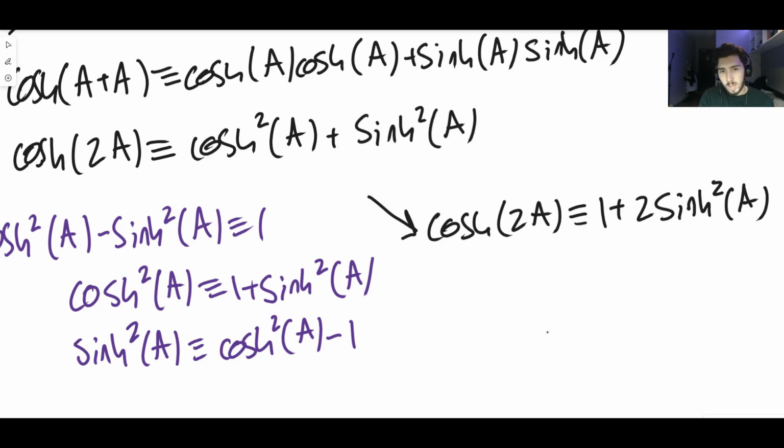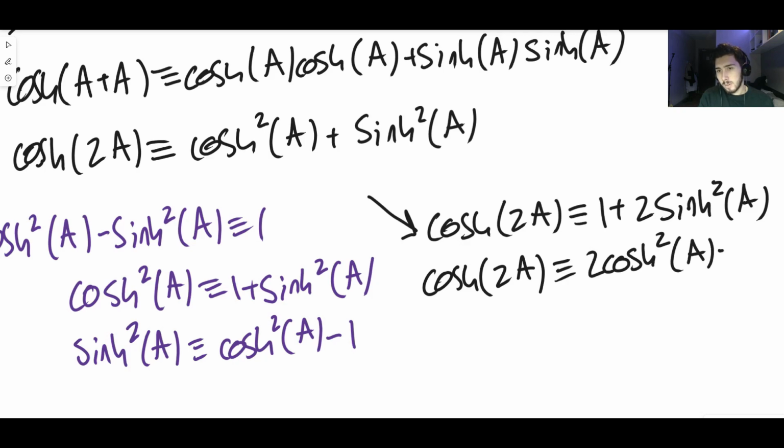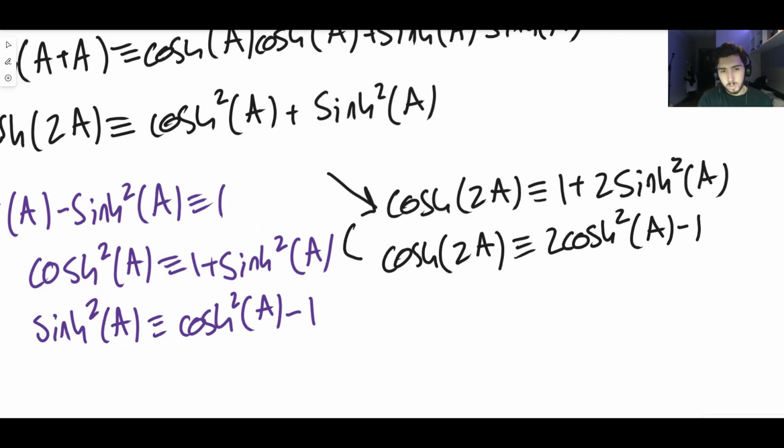And cosh of 2a, replacing the sinh squared with cosh squared minus 1, you end up with cosh squared plus cosh squared minus 1, which gives you 2 cosh squared a minus 1. So these are 2 more double angle formulae for cosh 2a.